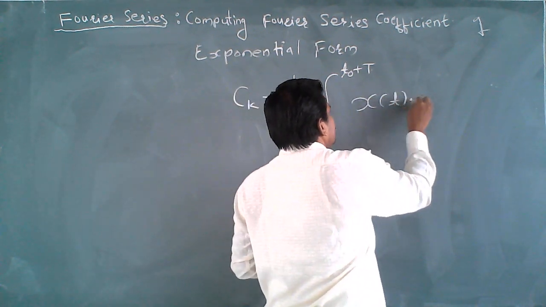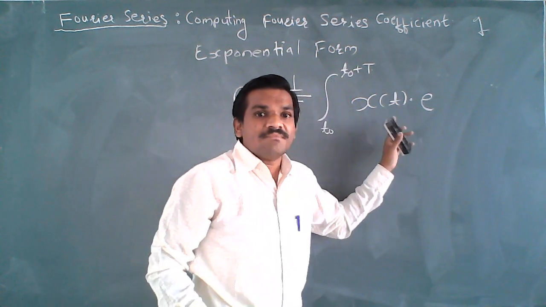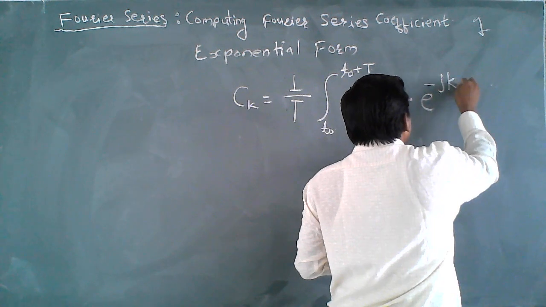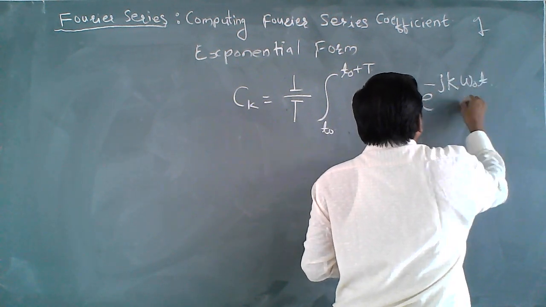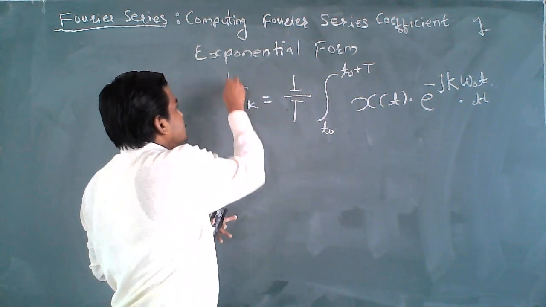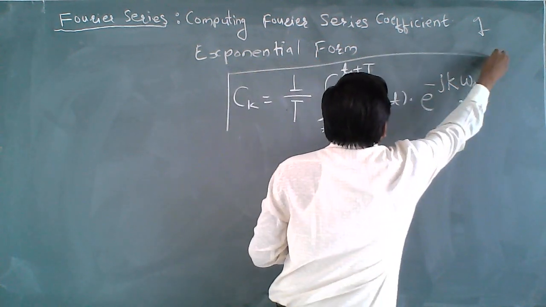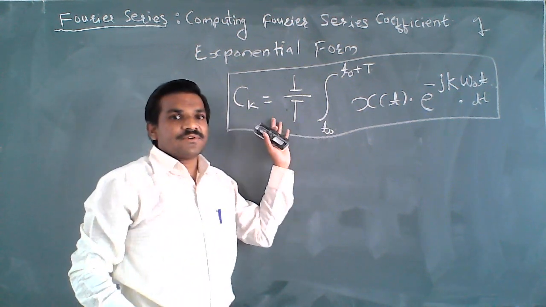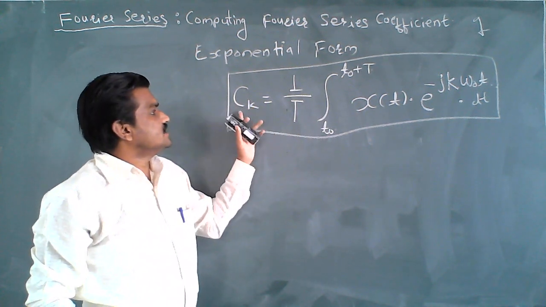x of t into e to the power minus j k omega 0 t into dt. This is the important equation, so you don't need to see how it comes.